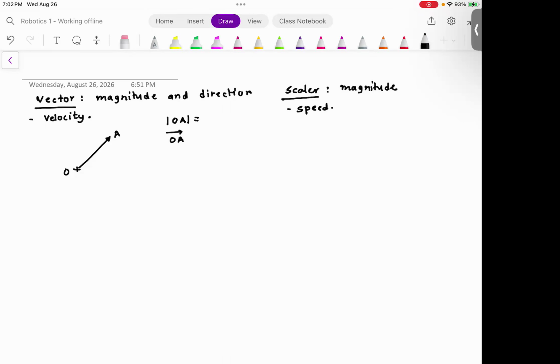Now let me ask you a funny question. There is only one quantity that can be considered as a vector and a scalar, depending upon the context. What is rate of change of velocity? Acceleration. What is rate of change of speed?